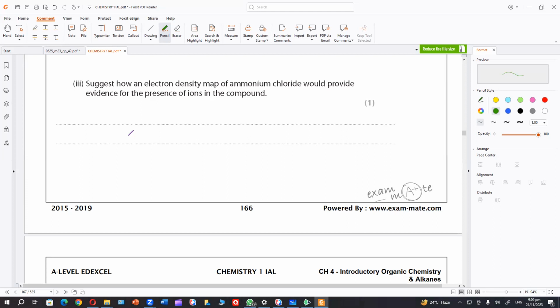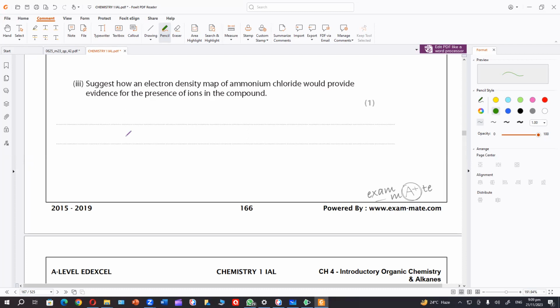How should I say that? Suggest how an electron density map of ammonium chloride... If it's more distortion, would it mean... if it's less distortion, it's ions, right?